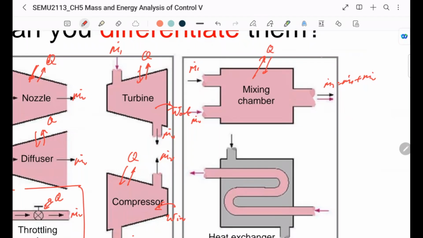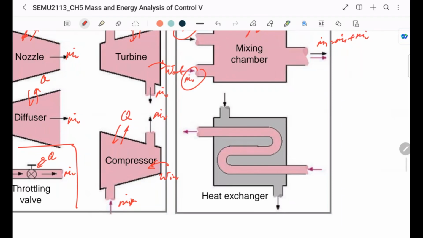But for the mixing chamber, work transfer is also equal to 0 because it doesn't require work to be done on the mixing chamber. It's just mixing two flows together. Heat exchanger, well, it's slightly more complicated.